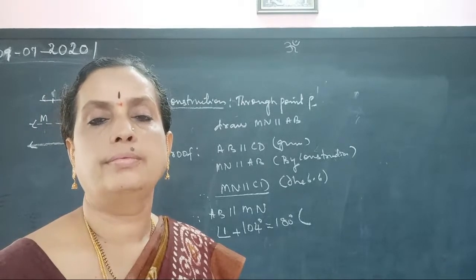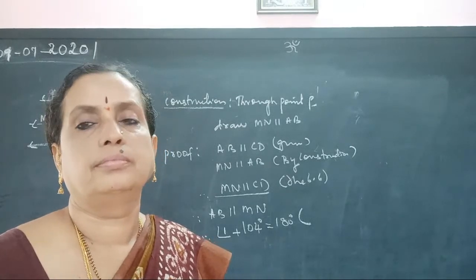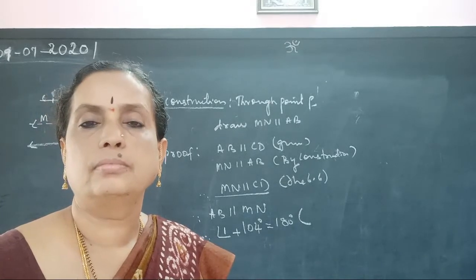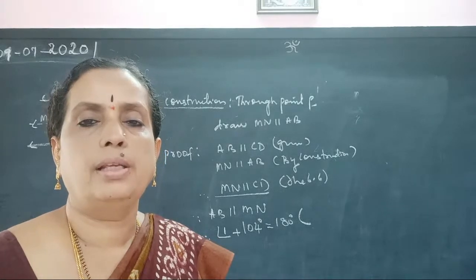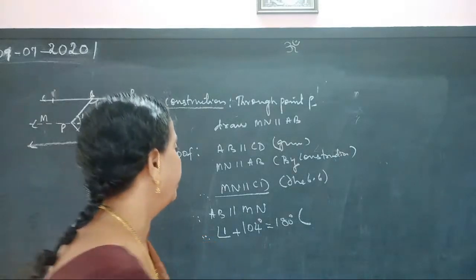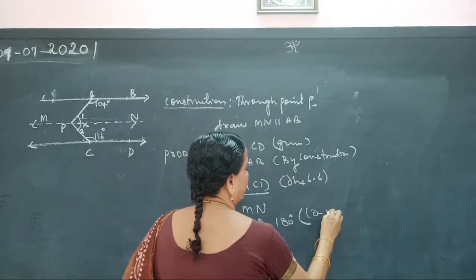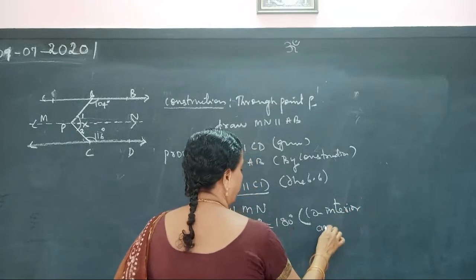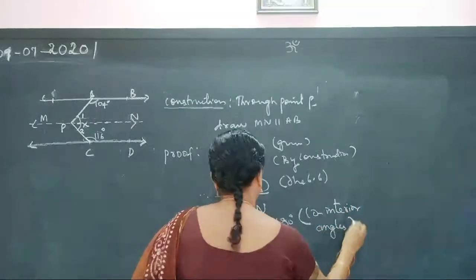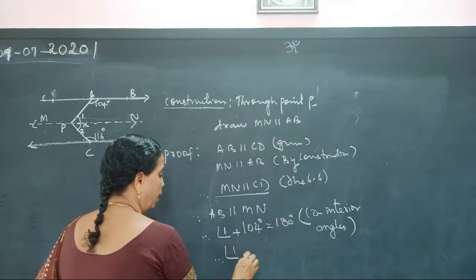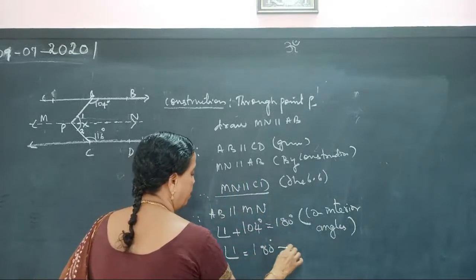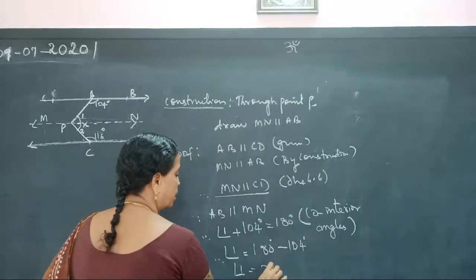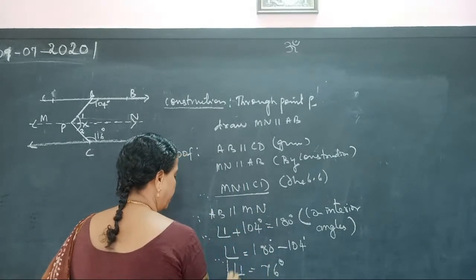They are co-interior angles. Good. Therefore, angle 1 equals 180 degree minus 104 degree. Angle 1 equals 76 degree.